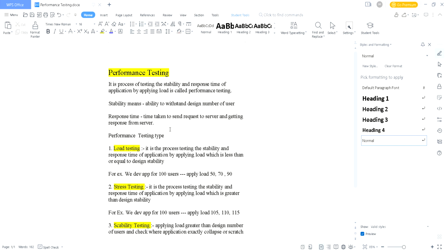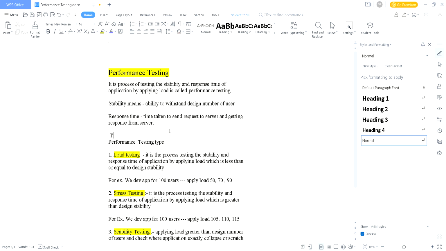Mostly performance testers use tools for performance testing. Two tools are used for performance testing: one is JMeter and another one is LoadRunner.